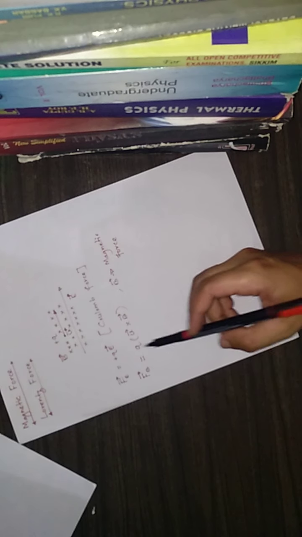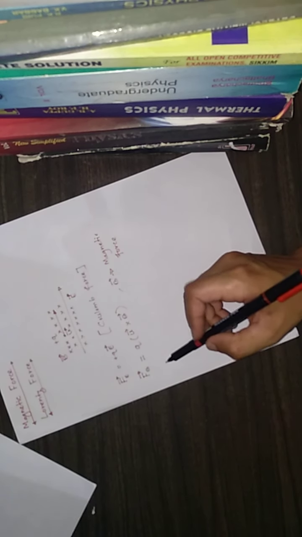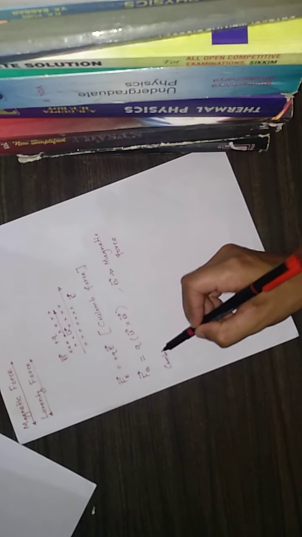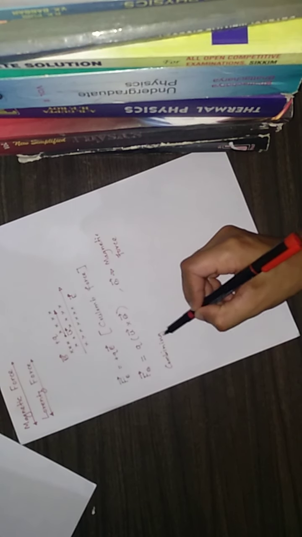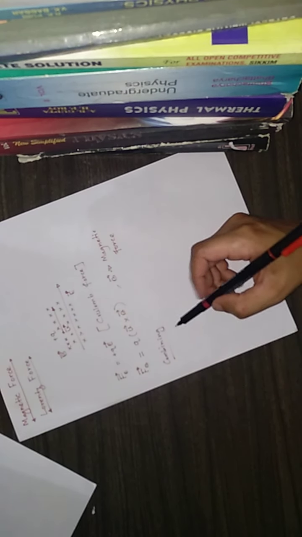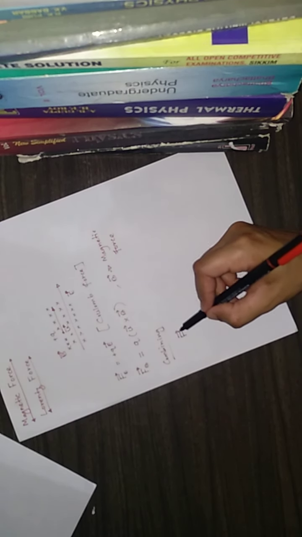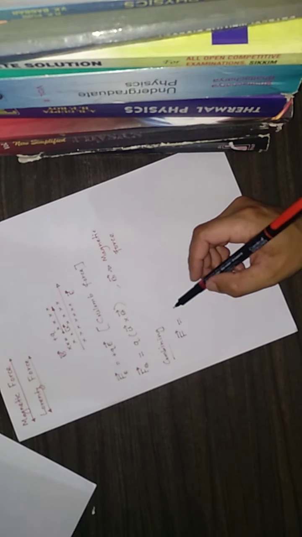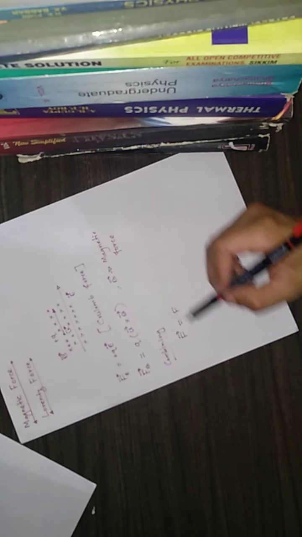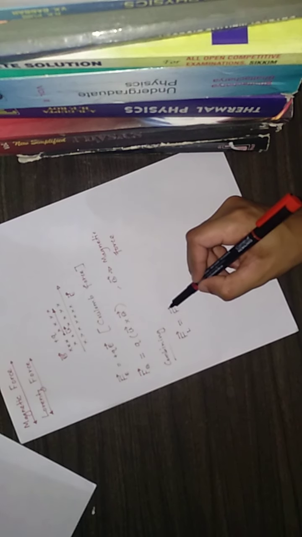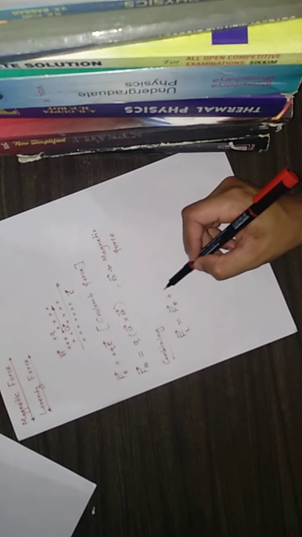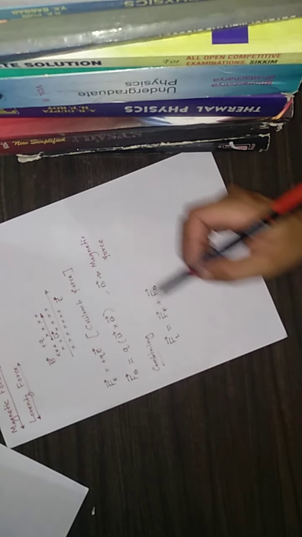So when we combine these two, we'll get the Lorentz force F equals Fe plus Fb.